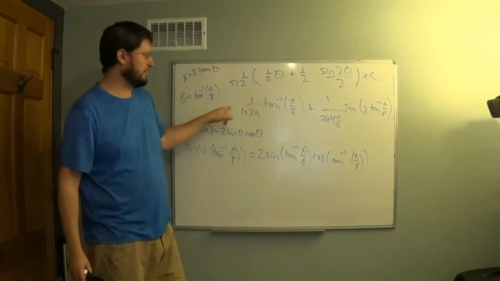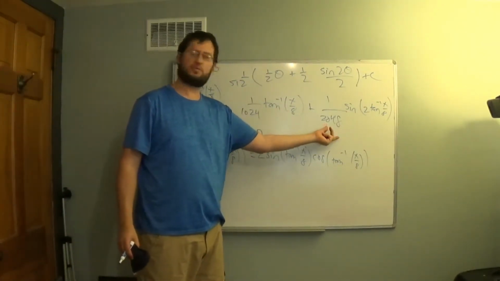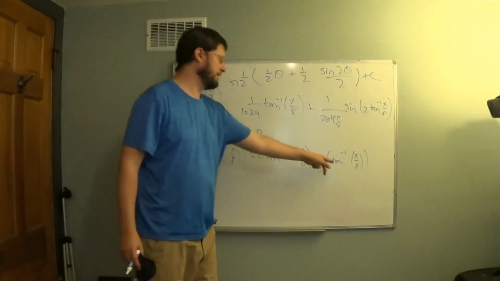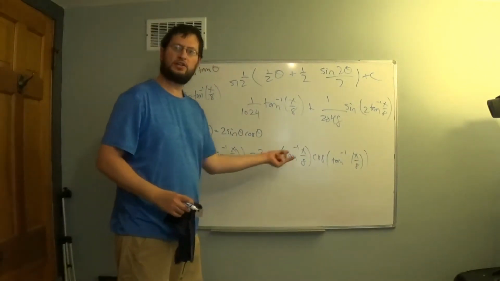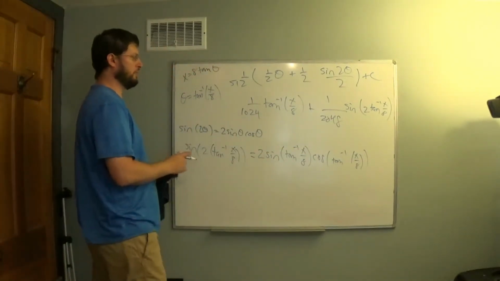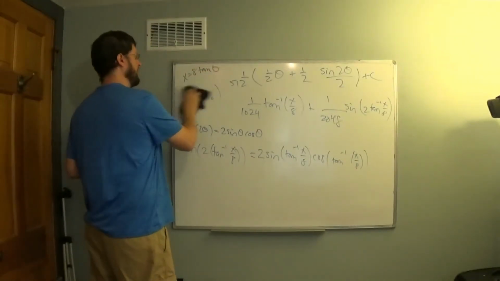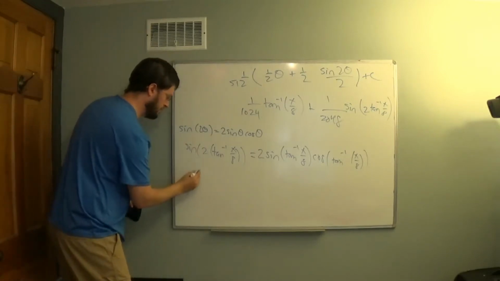So up to these constants, this first piece is there, we're stuck with it, we're not doing anything. This constant is here, we're also not doing anything with it. But we do need to simplify these. And each of these we can do separately because it's a trig inverse. So we want sine of tan inverse of x over 8 and cosine of tan inverse of x over 8. And so we're going to use our triangle.